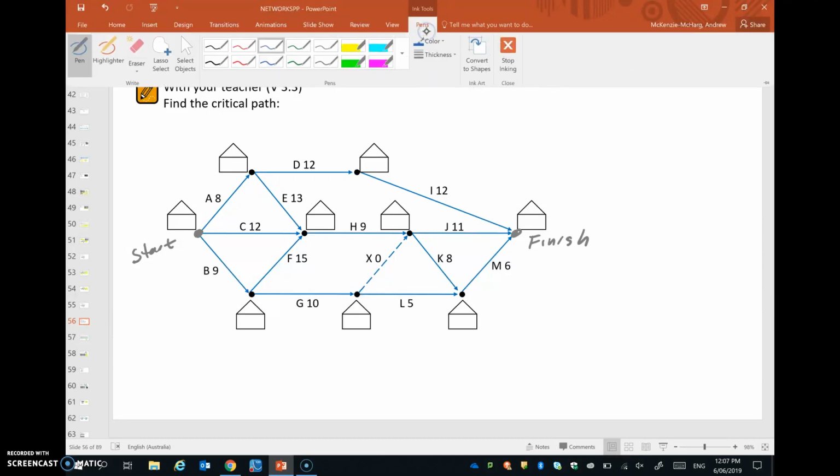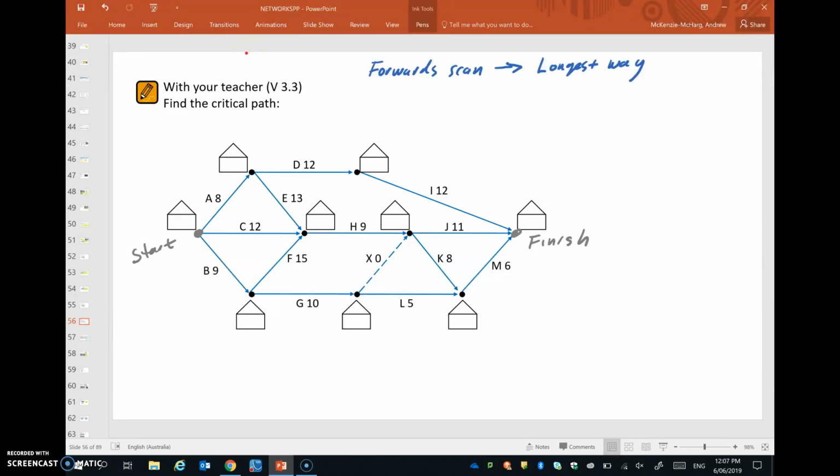And then this is followed by the backward scan, where we come back from the finish to the start, and we're trying to find the shortest way from each vertex back to the next one.